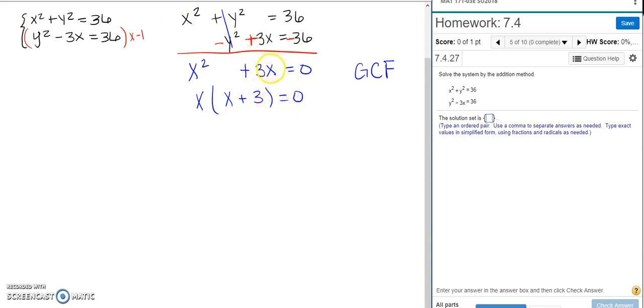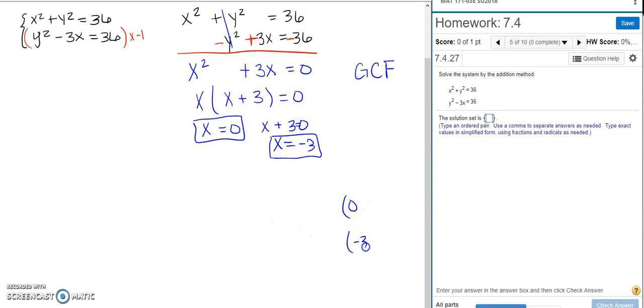Right, because if I take out an x from here and an x from here, I'm left with an x and a positive 3. So now that's what we split and set each one equal to 0. So I get x equals 0 and x equals -3. So that's the start of my 2 solutions, right? I'm going to have 2 solutions with this one. One starts with 0, one starts with -3.